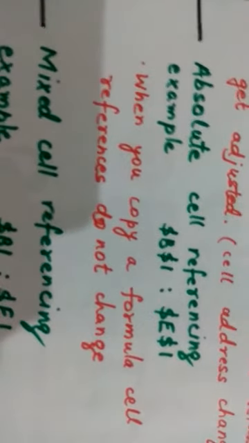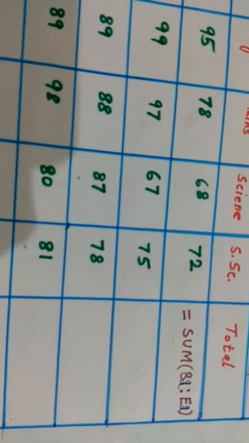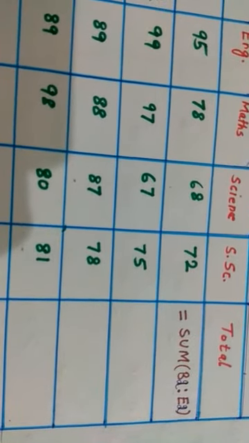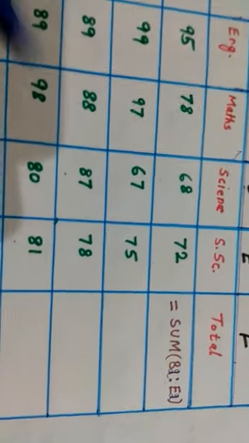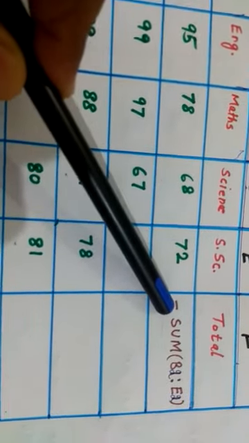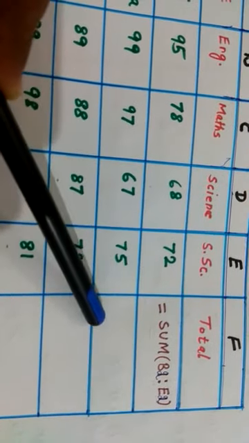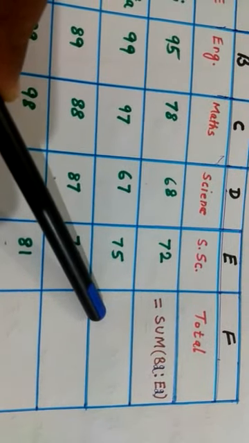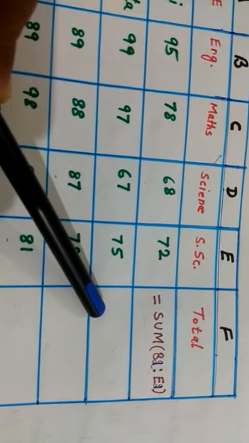For example, let's take this formula: equal to SUM(B2:E2). If you copy this formula from this cell, which is F2, to F3, then it will become equal to SUM(B3:E3).